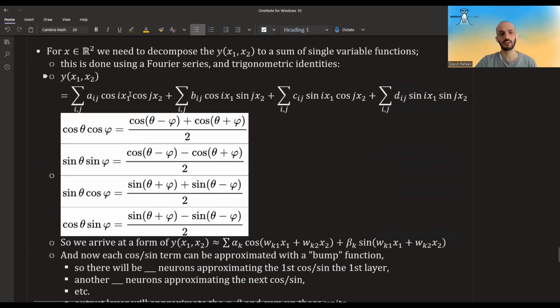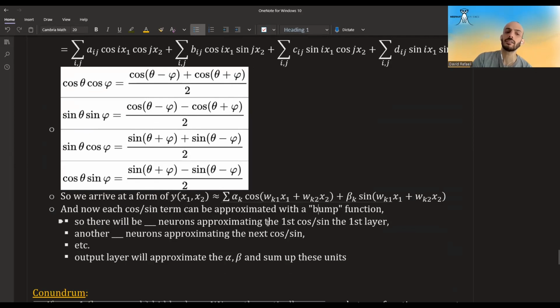Notice there are a lot of trigonometric functions, cosine and sine, and they are multiplied. But then we can use trigonometric identities, which I'm giving here, to turn the multiplication into sums of cosines and sines. And so this can be expressed as coefficients times cosine of these linear things over here. But now, every cosine function or every sine function can also be approximated using a bump function.